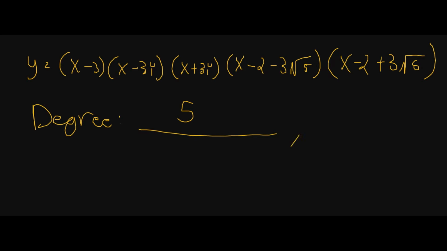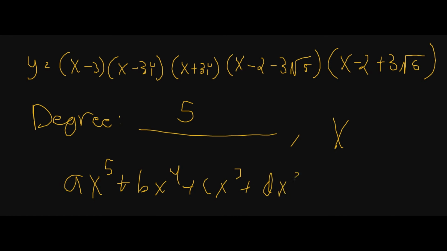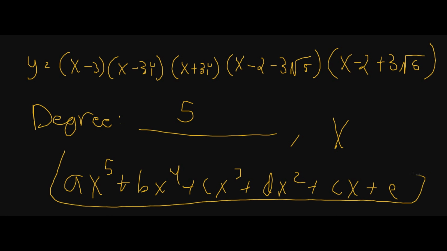That means the highest exponent on our equation would be something like ax to the 5th power, and I don't know what these numbers are, that's why I put a, then plus bx to the 4th plus cx cubed plus dx squared plus cx plus e. That would be the equation, and we know it should be degree 5. Okay, hopefully that helps. Have a good one.